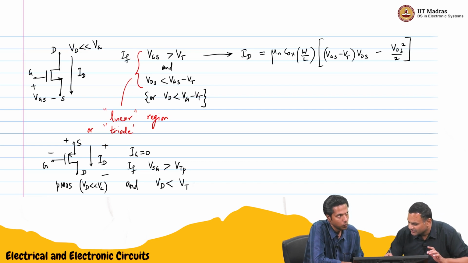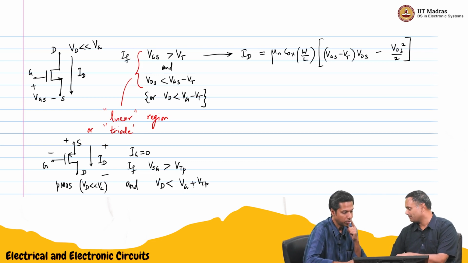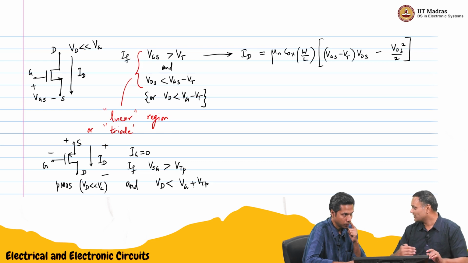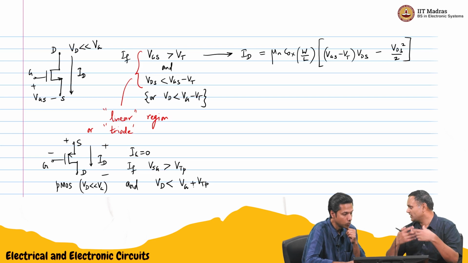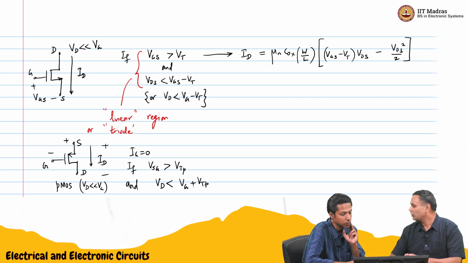Or VSD is less than VSG plus VTP. So you wanted the drain voltage to be very small. If you start increasing the drain voltage, it will move away from saturation closer and closer to the linear region, until it goes more than one threshold voltage above the gate. Then VSD becomes very small and it goes to the linear region. We want to avoid that. So we'll apply these two conditions.